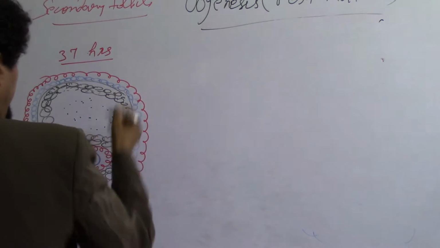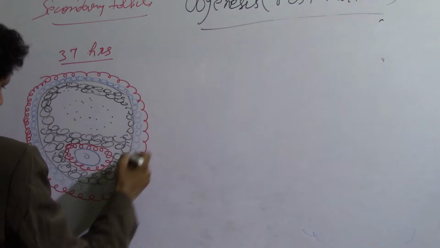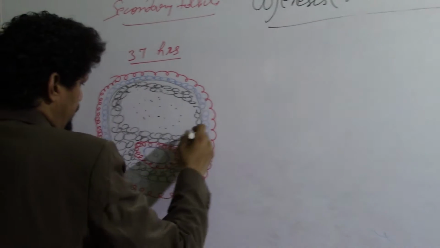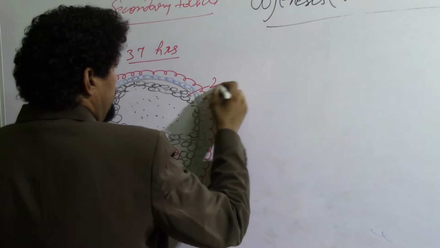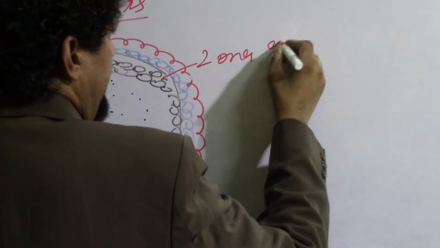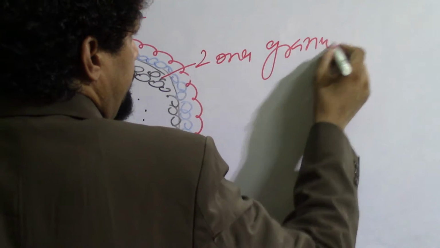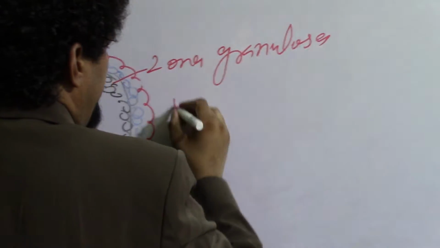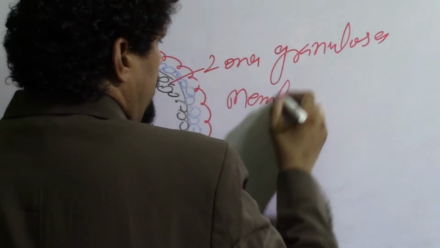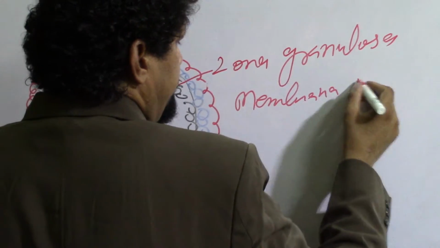Here, these cells which are surrounded outermost part of granulosa cells are known as zona granulosa or membrana granulosa.